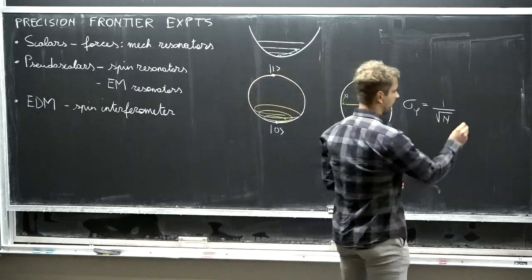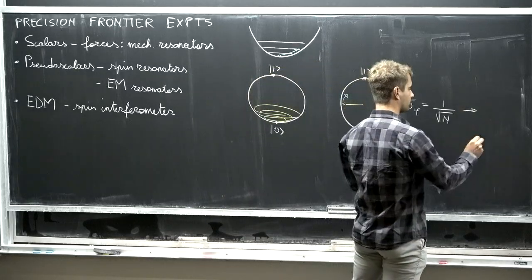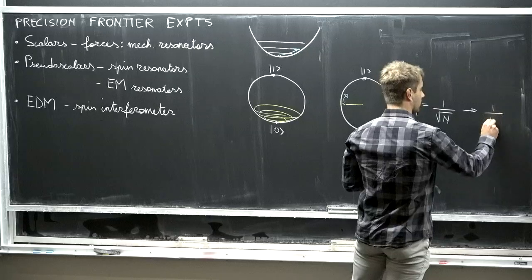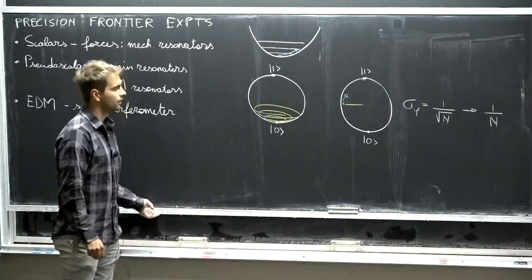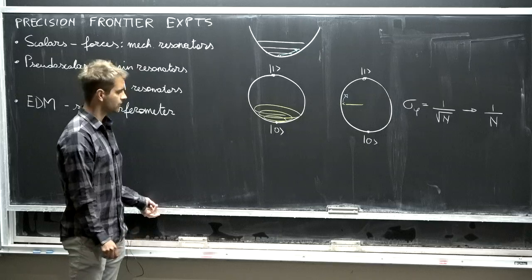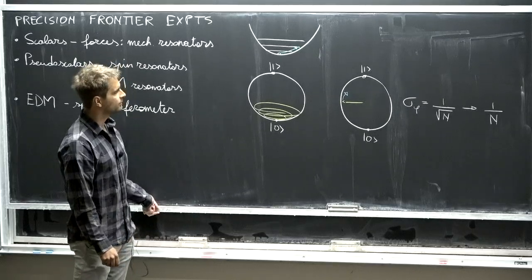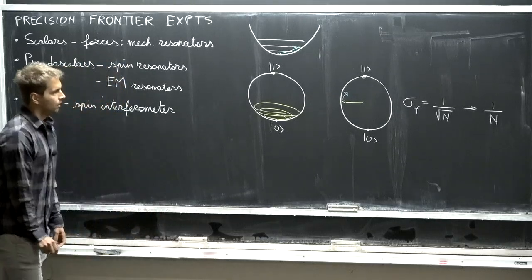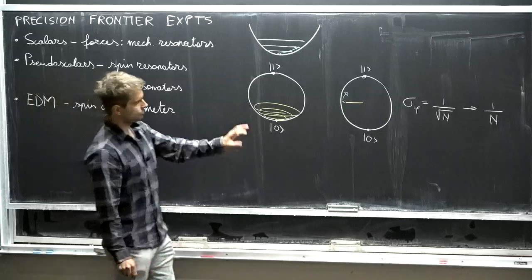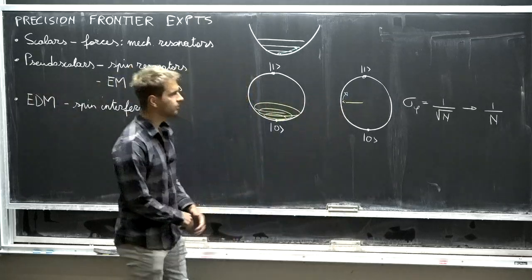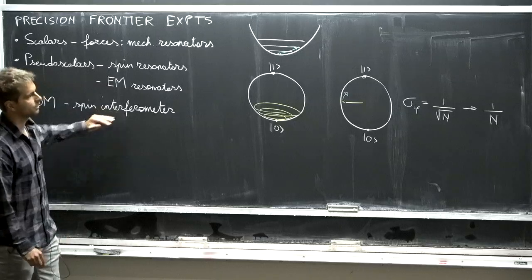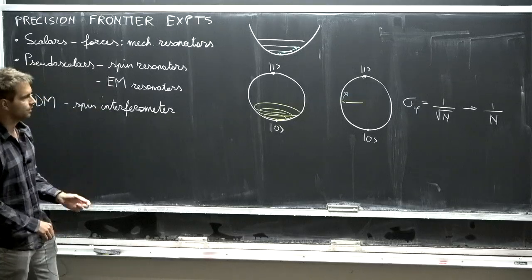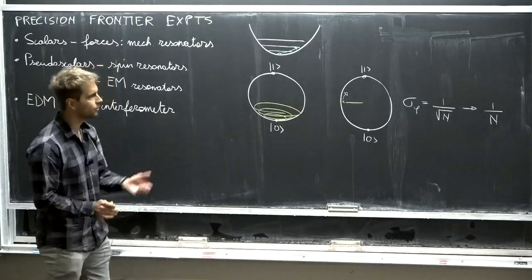If you have entanglement or squeezing, you can, in some cases for correlated systems, bring this down to 1 over n, and that's the focus of many experimental efforts right now. So that's the fundamental noise source of any interferometer, including EDM measurements, atomic clocks, and in some sense LIGO as well.